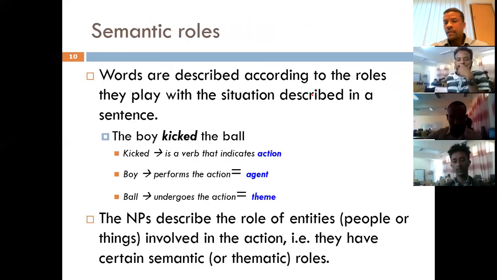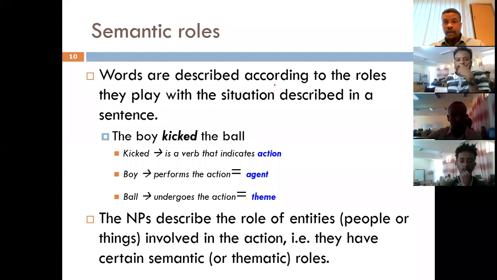The other, if you remember, is semantic role. And you also had an exercise, right? There were 4 sentences given to you for which you were expected to assign a semantic role. Every sentence would have words, and the words have a role to play. Those roles are what we call semantic roles.